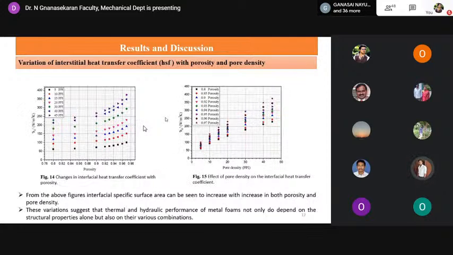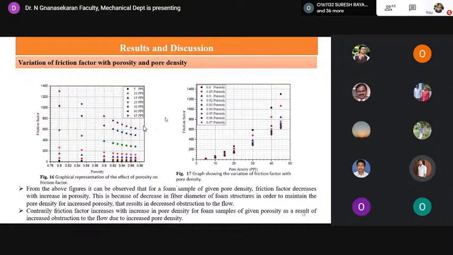Whereas the interfacial heat transfer coefficient is increasing for both porosity and pore density. So we realized that the thermal and hydrodynamic performance of metal foams depends not only on the structural properties alone, but also on their various combinations. These combinations have to be figured out. That is the highlight of the present work.